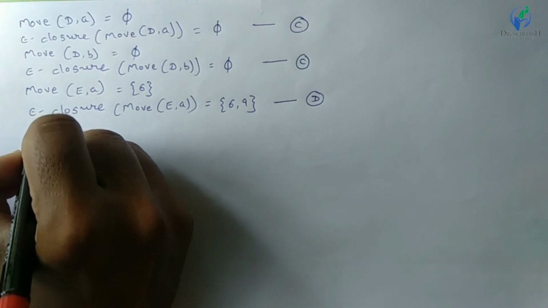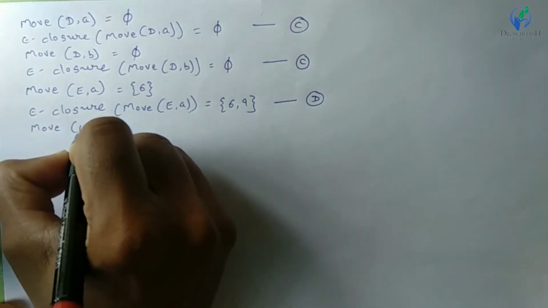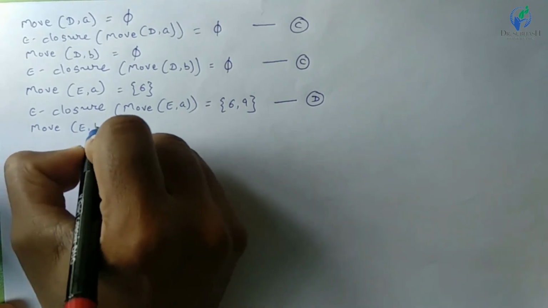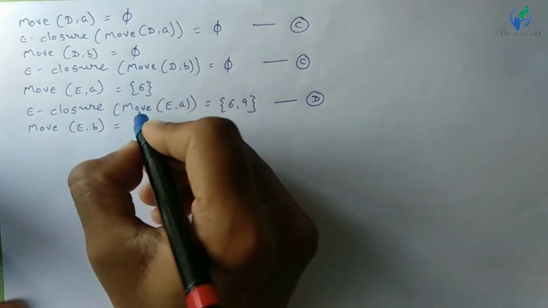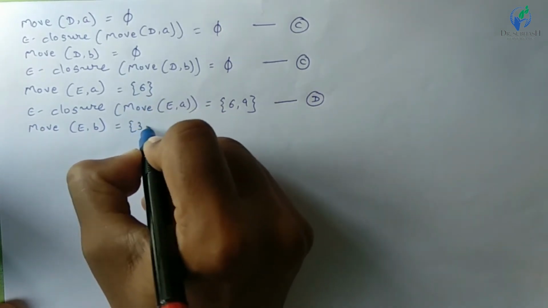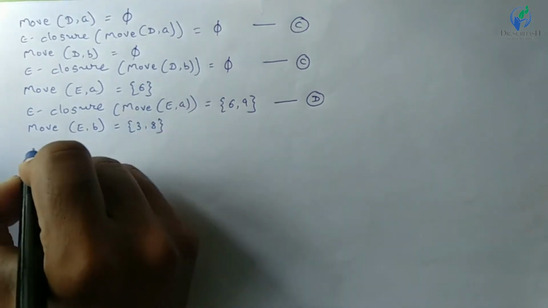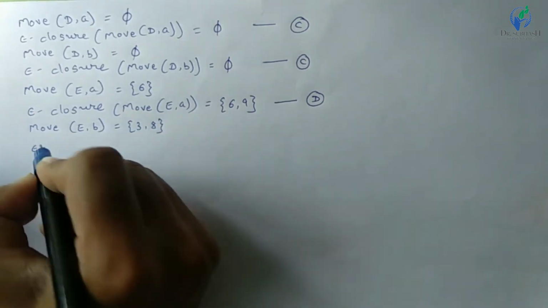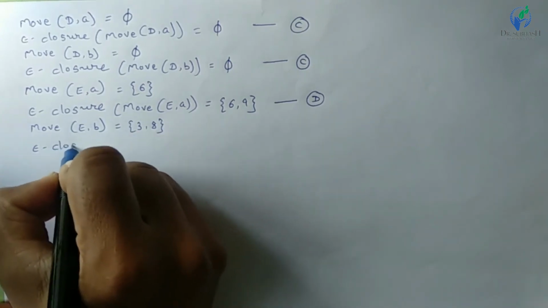Next, find move E to B. Find input transition from E on input symbol B, which is 3 and 8. We have already found the epsilon closure of 3 and 8.